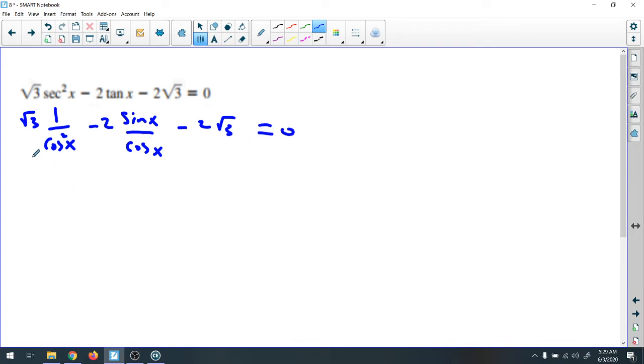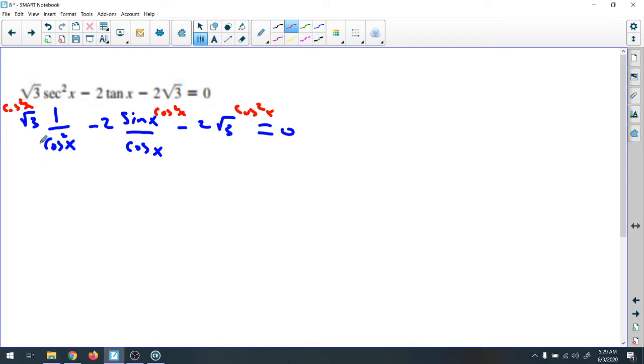Now we plan to multiply all terms by cosine square to get rid of any denominator here. So we need to eliminate any denominator, so multiply by cosine square each term. So we will multiply by cosine square, and here by cosine square, and here by cosine square.